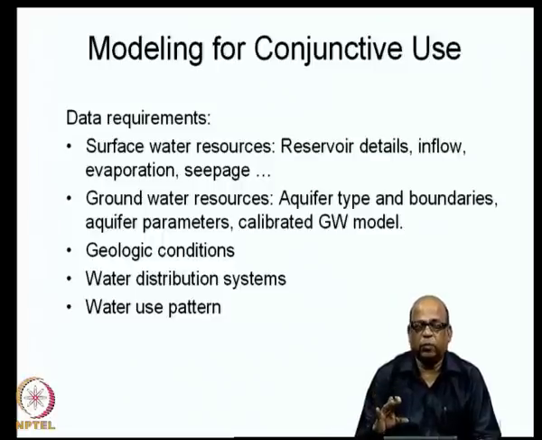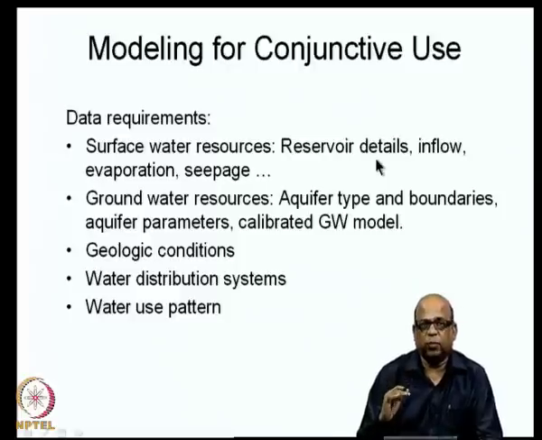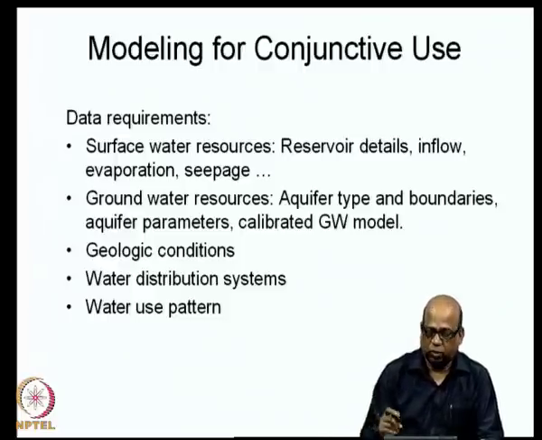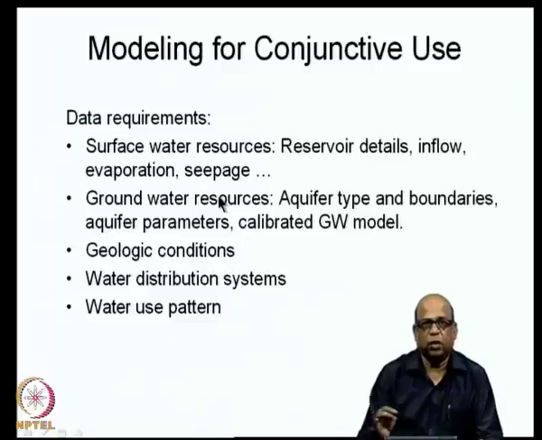So, you will require the surface water resources data. These will include reservoir details, for example, all the salient features of the reservoir, the area capacity relationship, the height of the dam, the type of canal network and so on. Then you need the hydrology at that point, including the inflow, evaporation, seepage losses and so on. The complete hydrology is what is required.